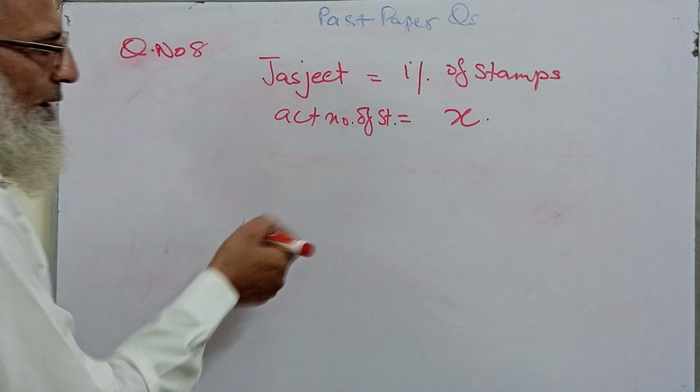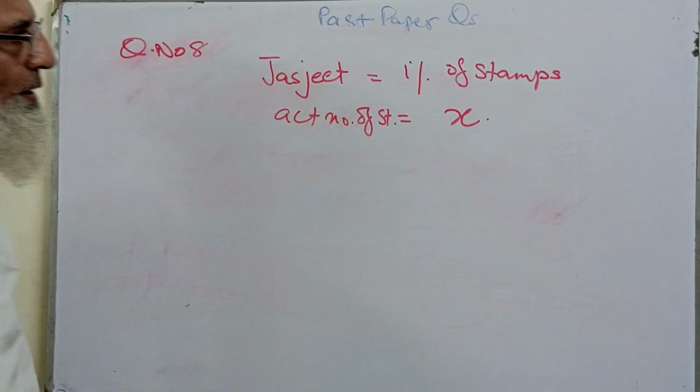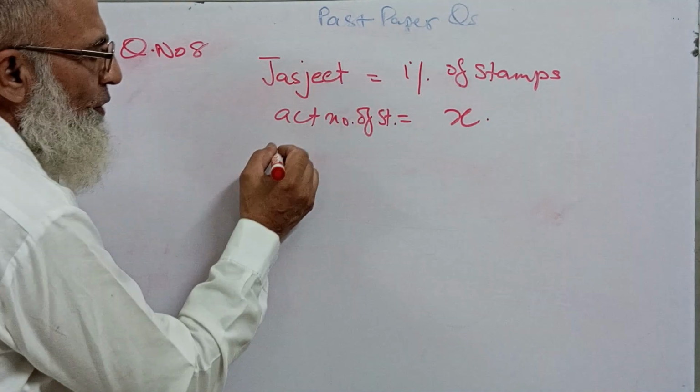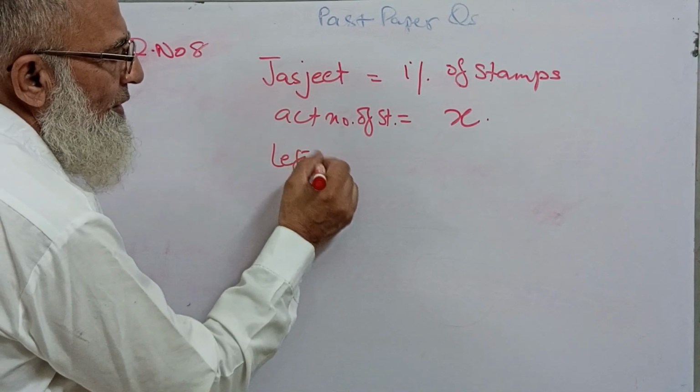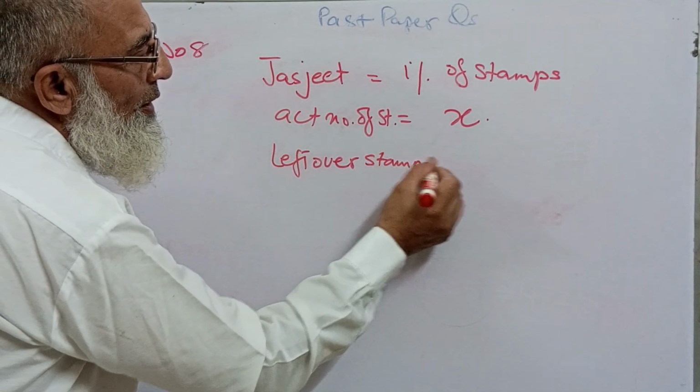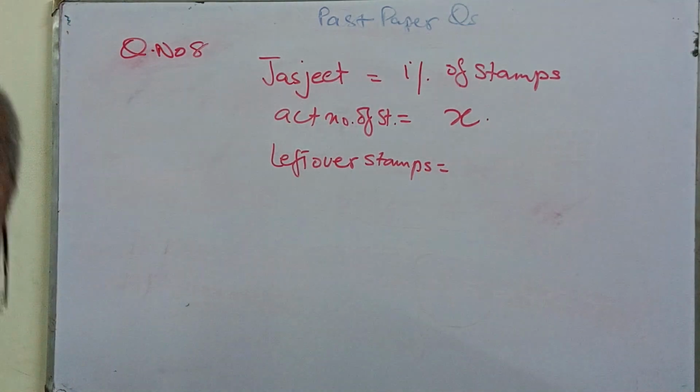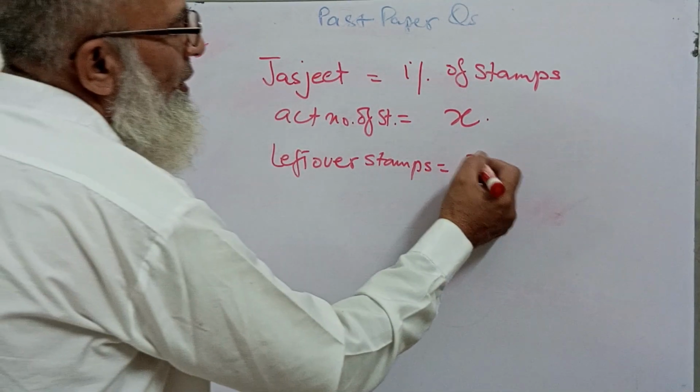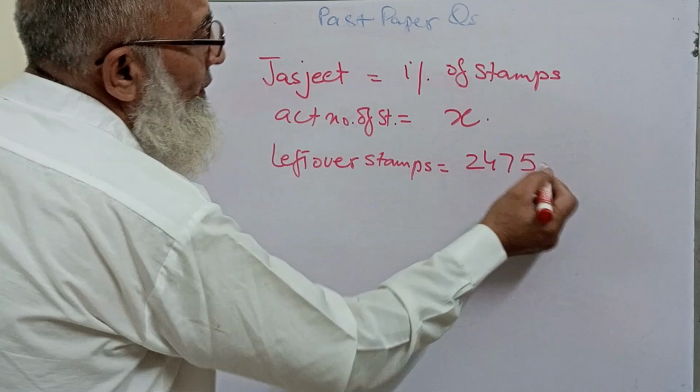And after giving 1% of the stamps, the leftover stamps were equal to 2475.